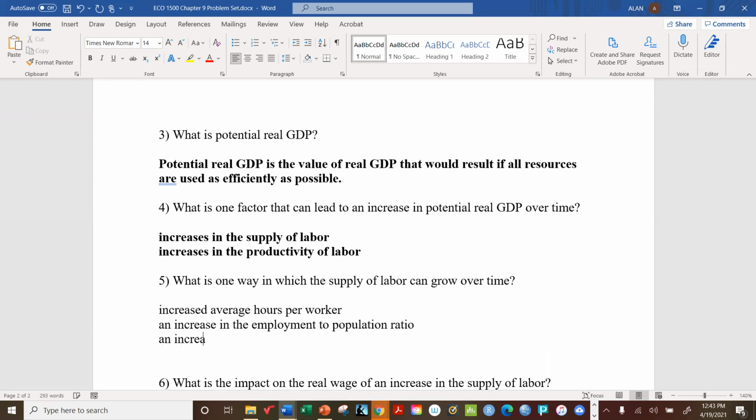And an increase in the working age population. So as the growth rate of the population goes up, if more and more babies are born every year, eventually those babies will join the workforce, and before you know it, we have a larger supply of labor.